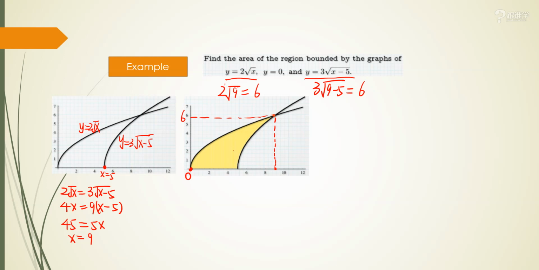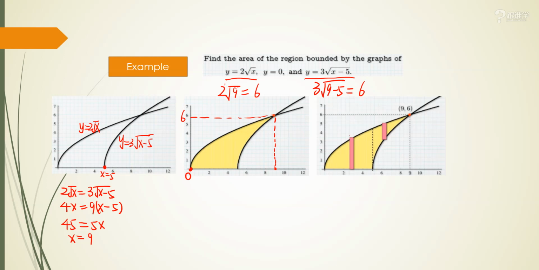But the question is, we soon find that towards the left side of the region, when you look at a typical vertical slice, the top of that curve touches the graph of y equals 2 times the square root of x, and the bottom touches the x-axis. However, toward the right side of the region, there is something different. The bottom of the vertical slice now touches the curve of y equals 3 times the square root of x minus 5.